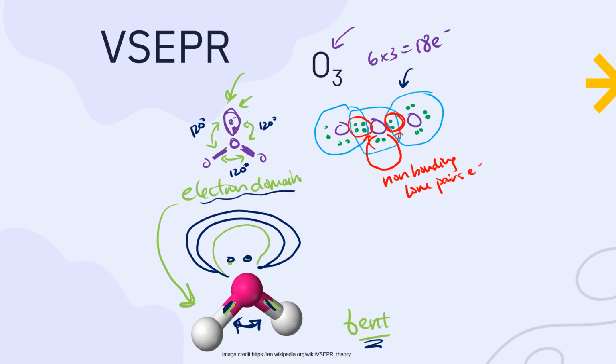And so instead of having 120, it's just a little bit closer. It's like 117 degrees. And then, of course, this has got that little bit of extra space. So our molecular geometry here is bent. Our electron domain geometry is that trigonal planar, and this is ozone.